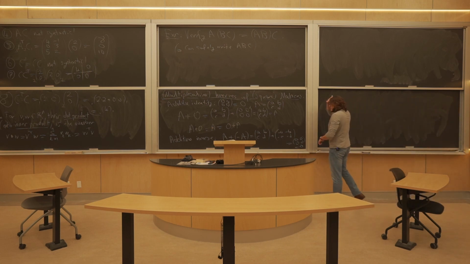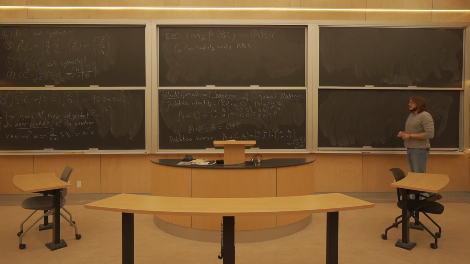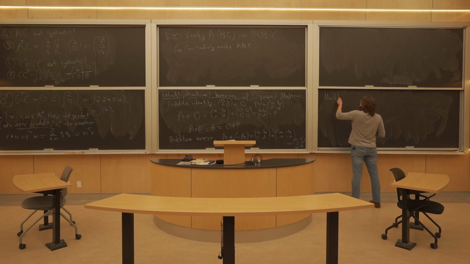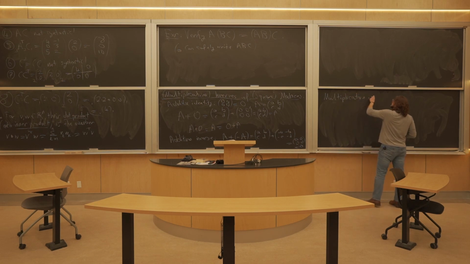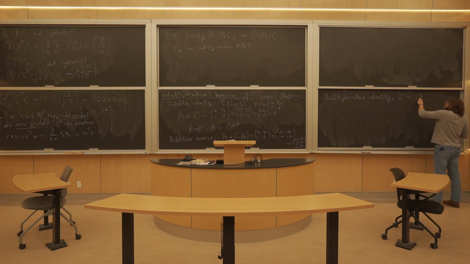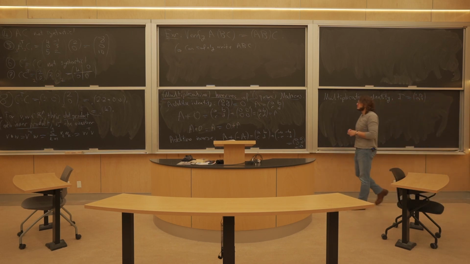Yesterday we discussed how the identity matrix, the matrix that is diagonal and that has 1s on the diagonal and 0s everywhere else, is the identity matrix with respect to multiplication. I denoted this by I. This is 1, 0, 0, 1. I'm just focusing on 2 by 2 matrices.